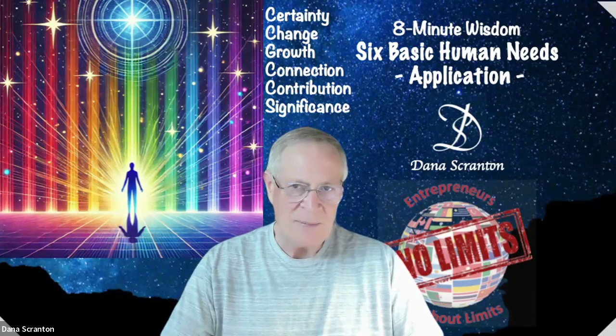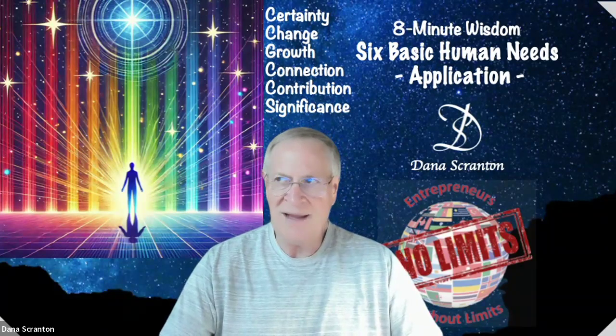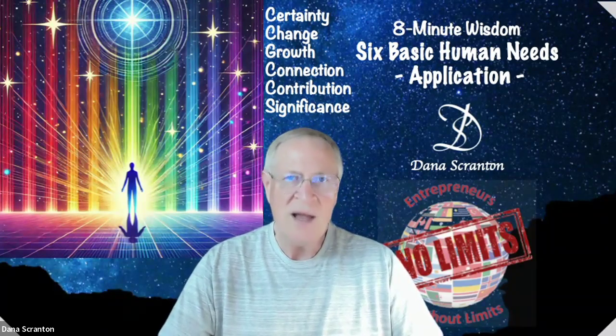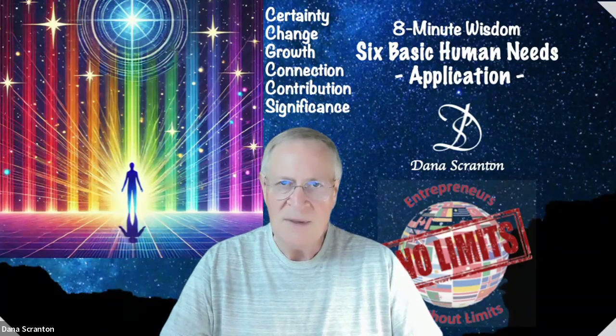Because oftentimes people see these six basic human needs, but they're not really analyzed in the sense of how to apply them. Even Tony Robbins doesn't come out and really go in depth into these things, not that I have seen, not in a degree and a context that allows an entrepreneur to do something with them.